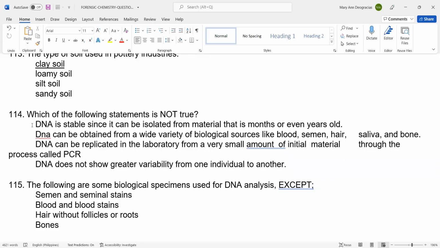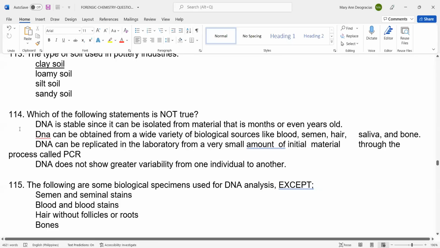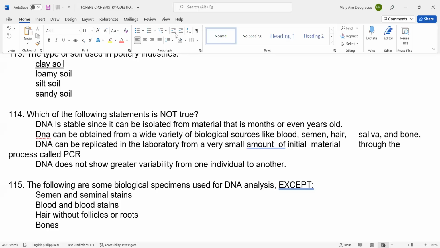Letter C, DNA can be replicated in the laboratory from a very small amount of initial material through the process called PCR. The letter D, DNA does not show greater variability from one individual to another, which is incorrect here. Okay, letter D, yes.